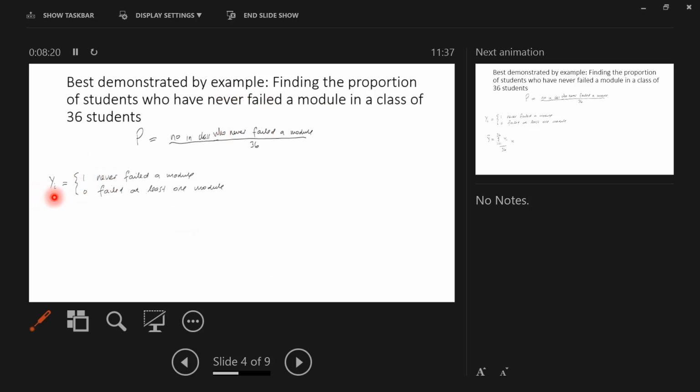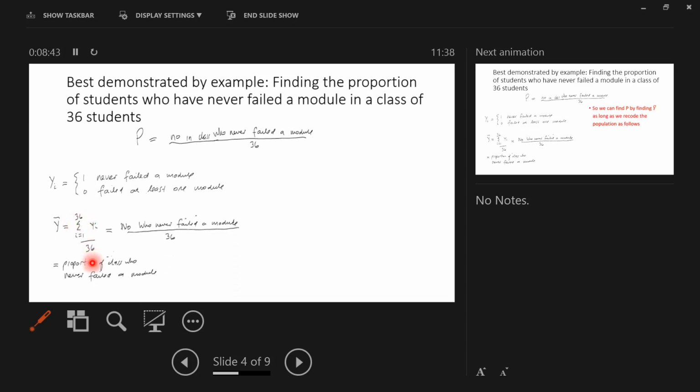For each element, it's either a 1 or 0, you recode it, with 1 for the proportion you're wanting, never failed, and 0 elsewhere. By doing that, if you found the mean, you would add together these y values, which means adding together everybody who never failed, and that will be how many never failed divided by the total. And that will obviously be, in the end, exactly the proportion of the class.